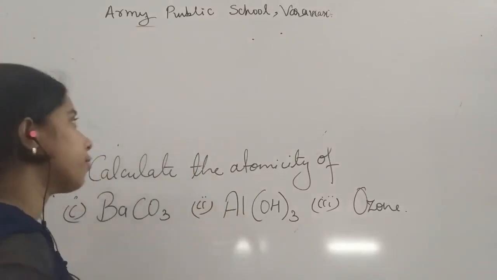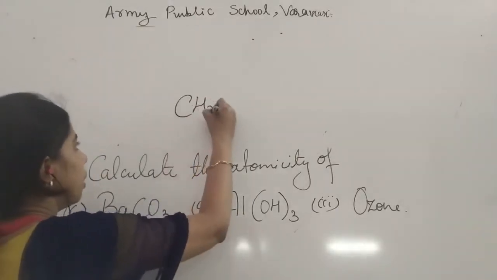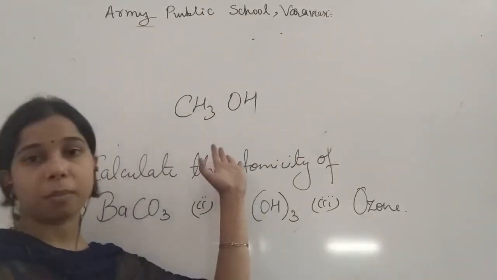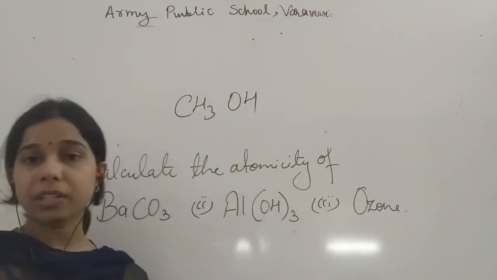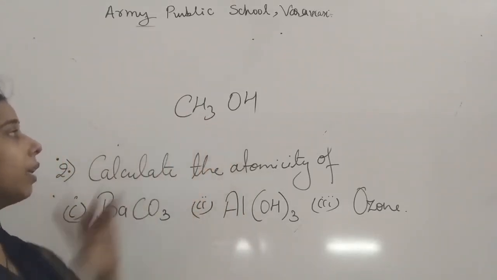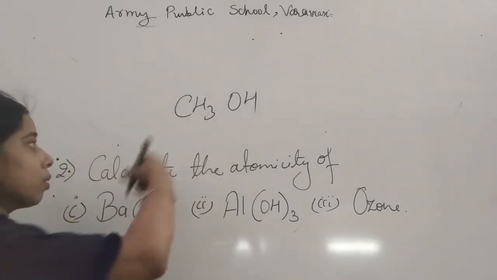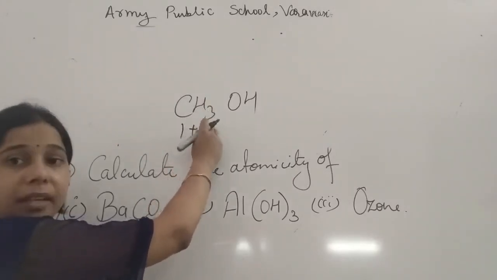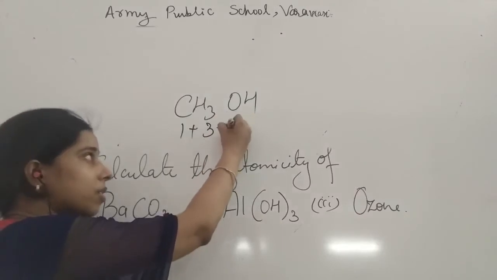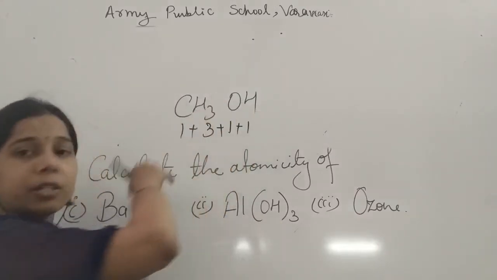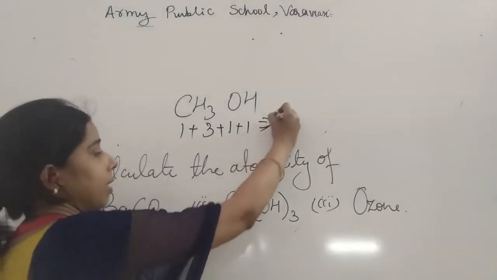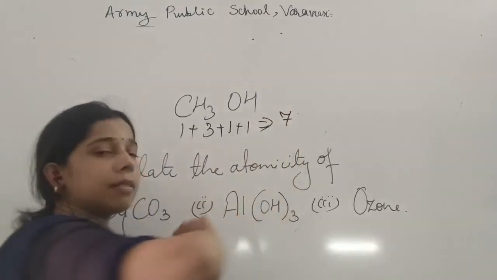Okay, now we can see another one. Suppose it is CH3OH, now we have to find again the atomicity of this CH3OH. So it will be methanol, that will be equal to 1 carbon is there, so 1, plus 3 atoms of hydrogen, so 3, plus 1 oxygen atom, and again 1 hydrogen is combined there. So its atomicity will be 7.